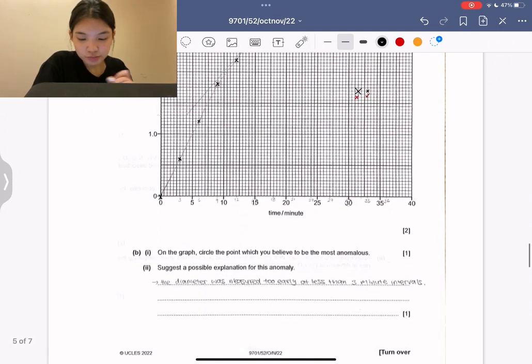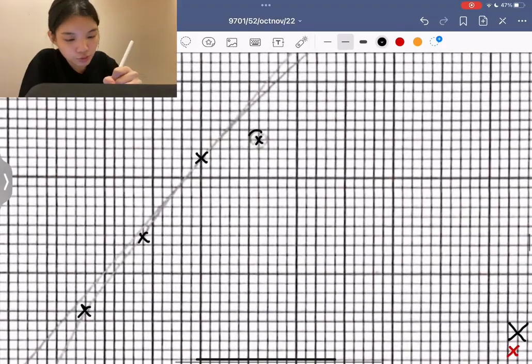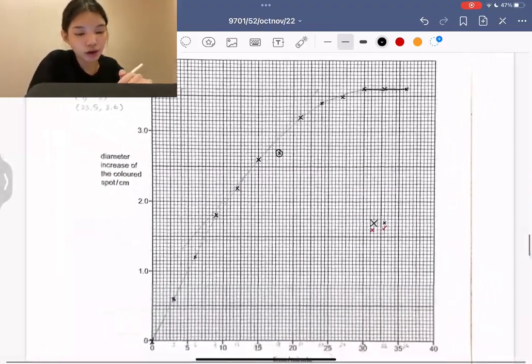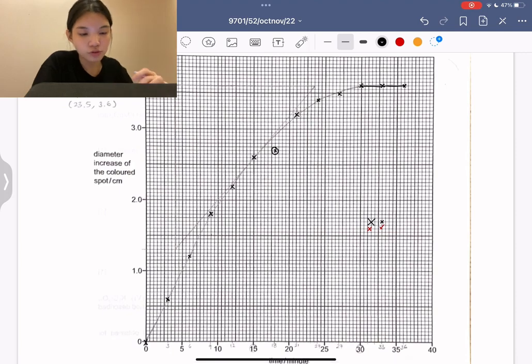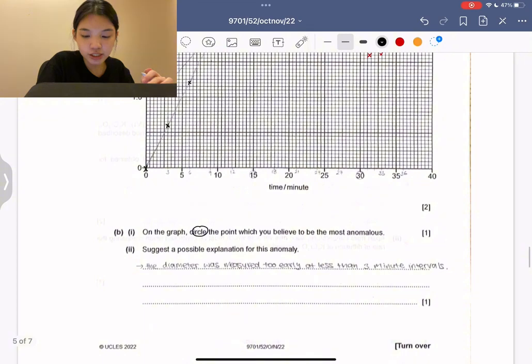Okay, next, B I. On the graph, circle the point which you believe to be the most anomalous, or the outlier, which is this one. When I was drawing the graph, that one was the most out of line. B II suggests a possible explanation for this anomaly.